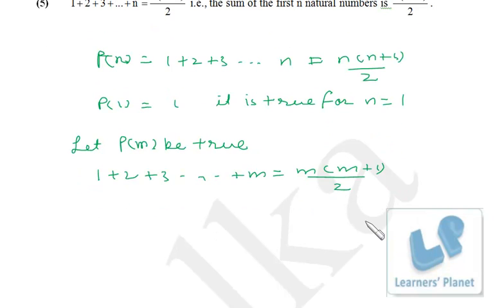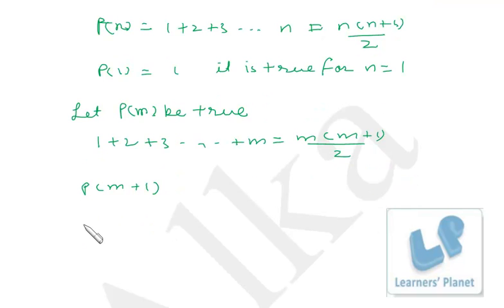Now we have to see whether Pm plus 1 is true or not. So what will Pm plus 1 be? 1 plus 2 plus 3 plus, till m plus 1. That's actually Pm plus 1.